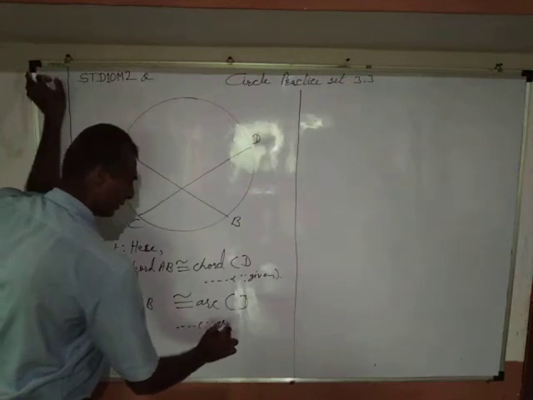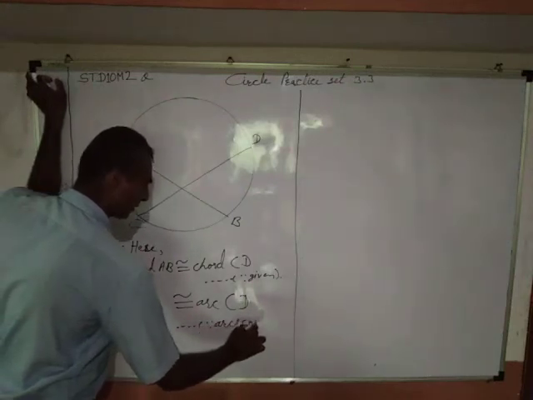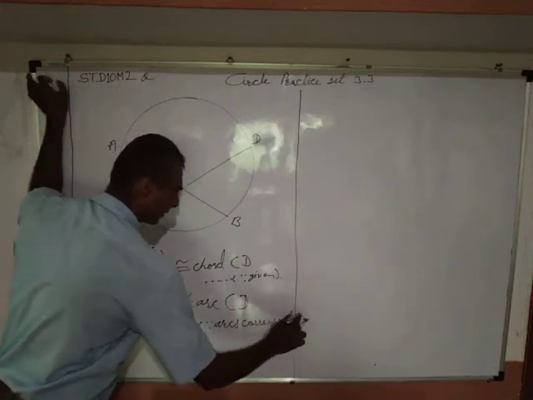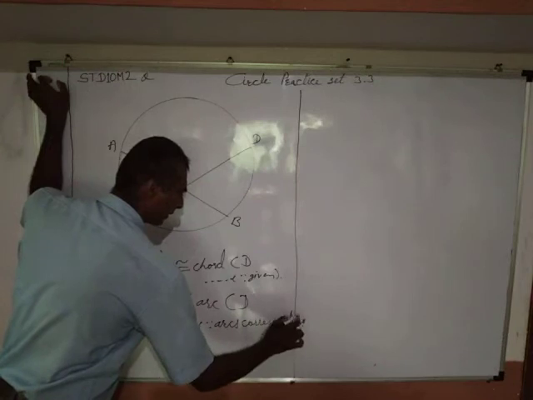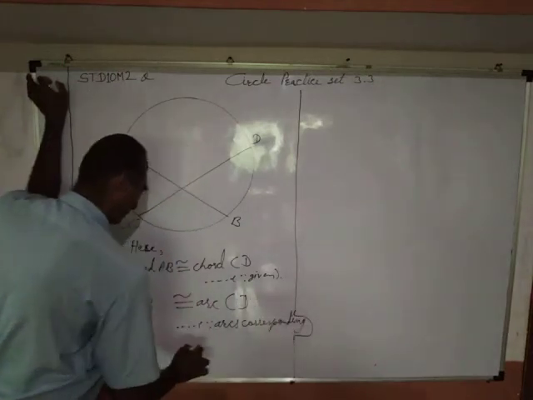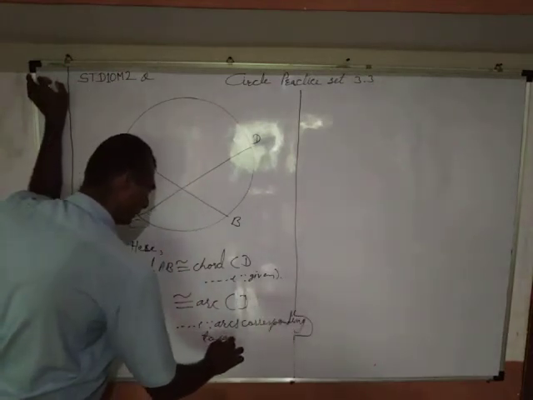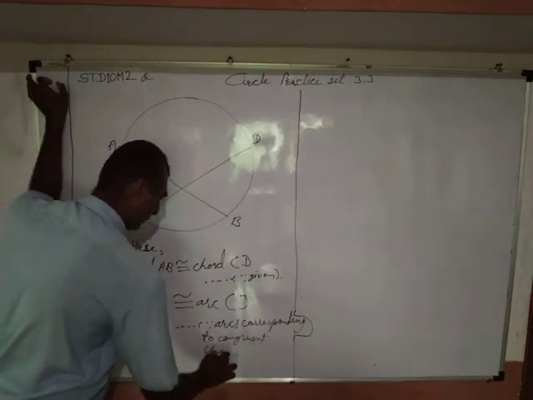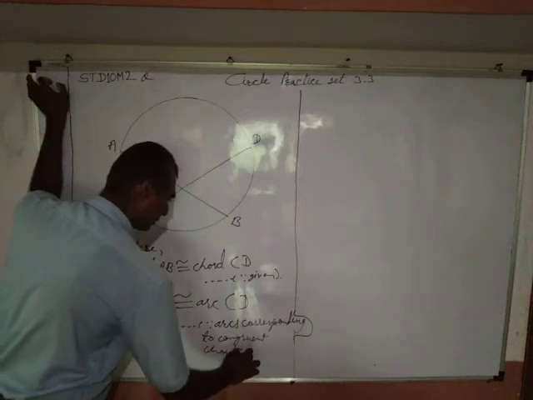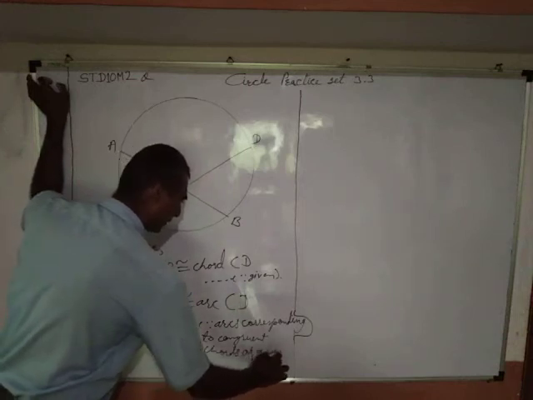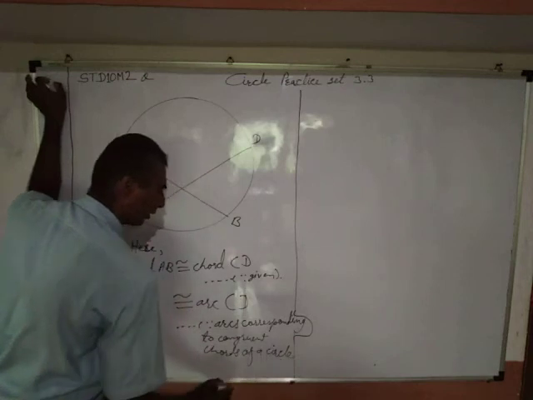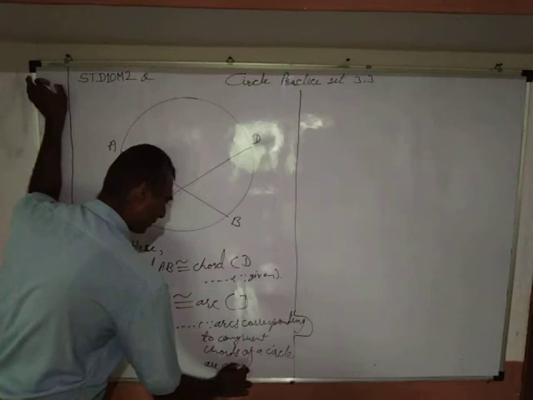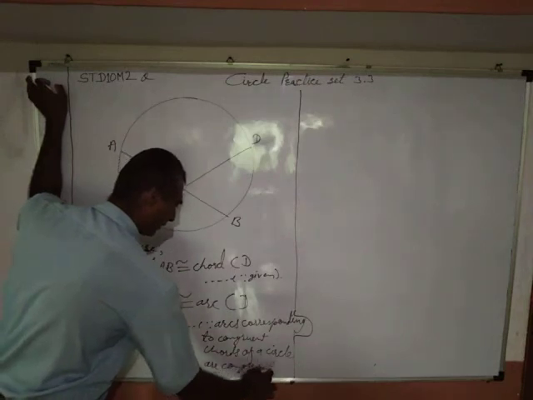Since arcs corresponding to congruent chords of a circle or congruent circles are congruent.